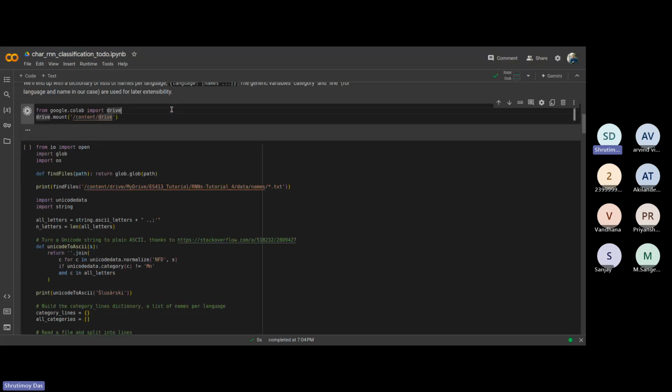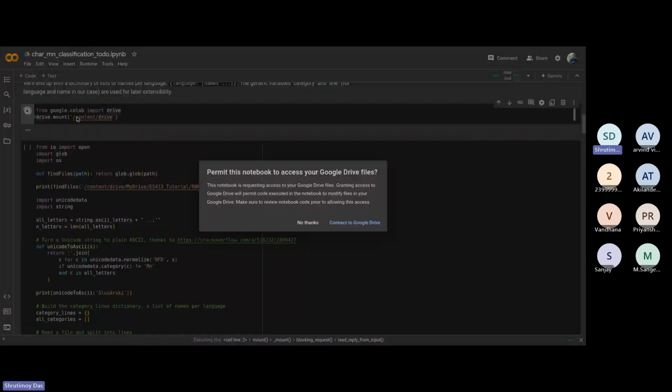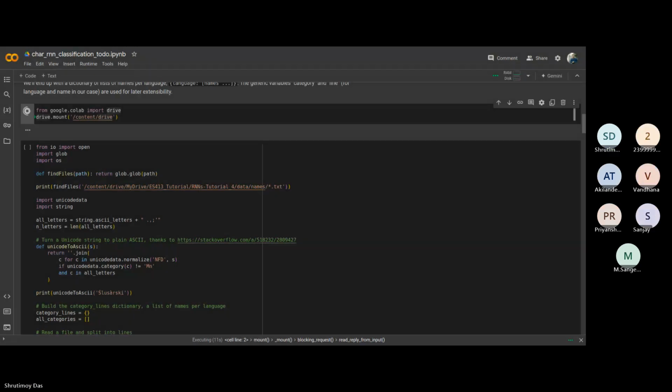If you are using some data set, you have to download the data set to your Google Drive, and then do these things so that it is able to connect to your Google Drive.